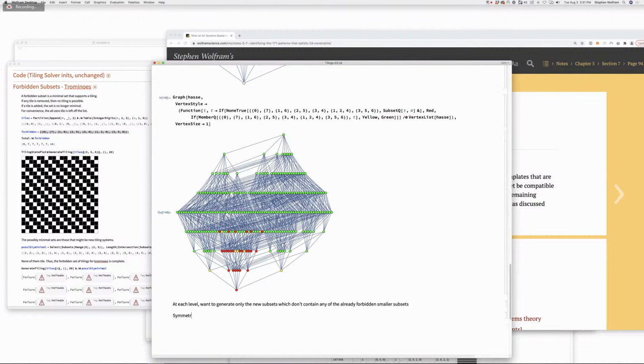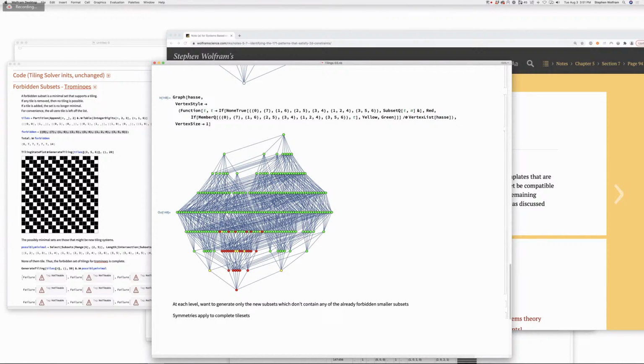Symmetries apply to complete tile sets. So if we know that it's the group of the square, for example, we can mod out the complete tile set by the group of the square.